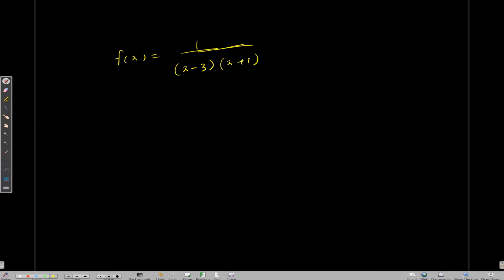Now what you need to do, you need to find the zeros of the denominator, or in simple words, find the zeros of the denominator and exclude them.